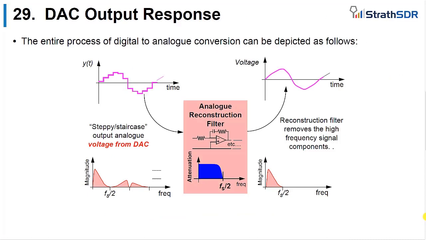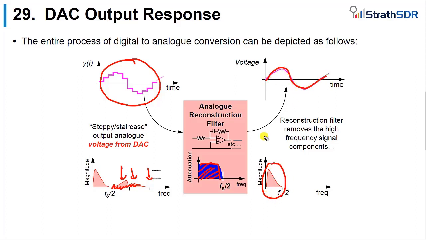So we take the steppy output, the zero order hold output, which is now an analog signal. We want rid of the steps, which are these higher frequencies, and we do that with a low pass filter. Ideally we cut off at fs over 2. So we remove all of the energy up here, and we're just left with 0 to fs over 2, and we get a nice smooth signal that has taken out the steps.